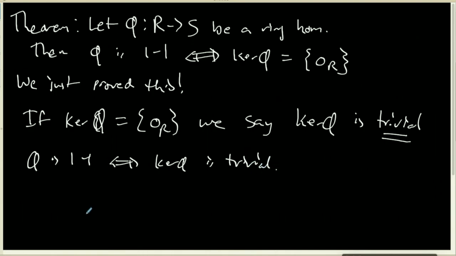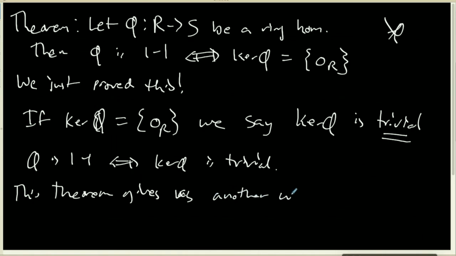The second thing that I want to look at is something else that's very important. This theorem up here gives us another way to show a ring homomorphism is 1 to 1.